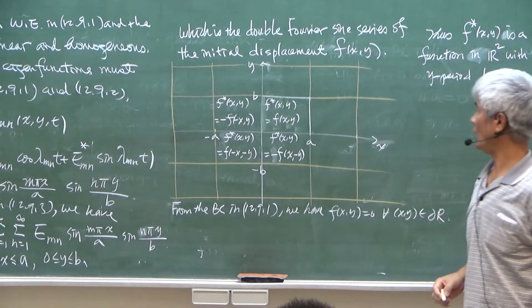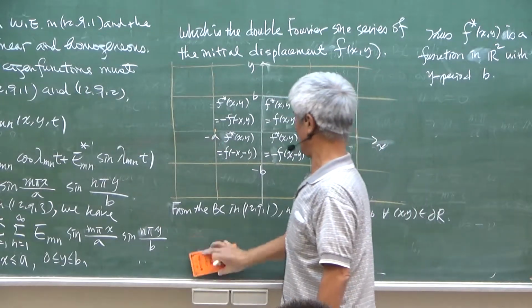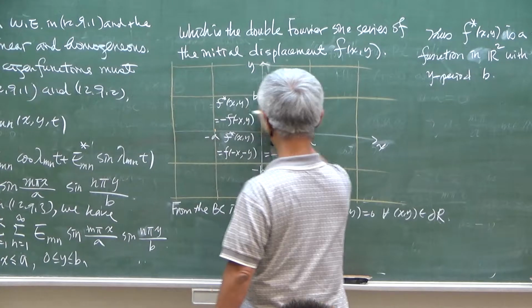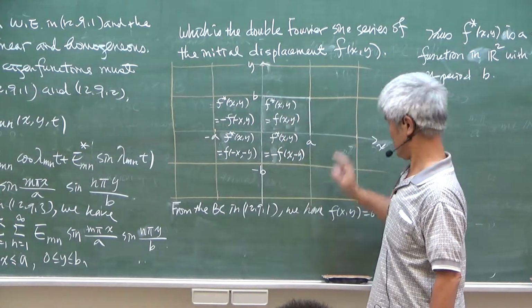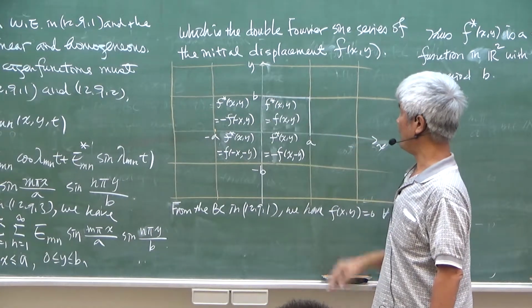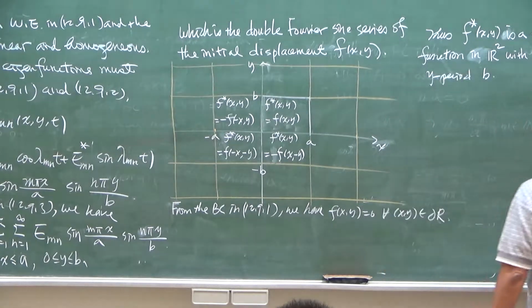So I define f star in this region, right? And then I extend. Originally I have f of x y in this part, and this is the full period. The period is 2a, and this is 2b. I'm sorry, I have to correct.